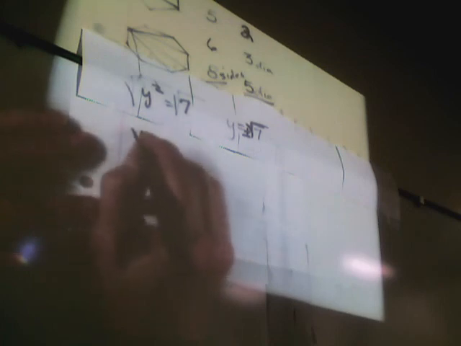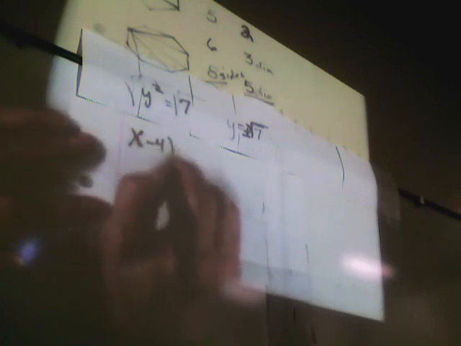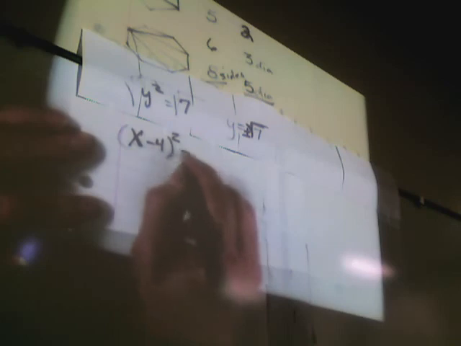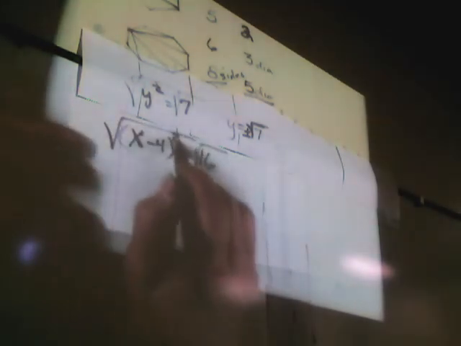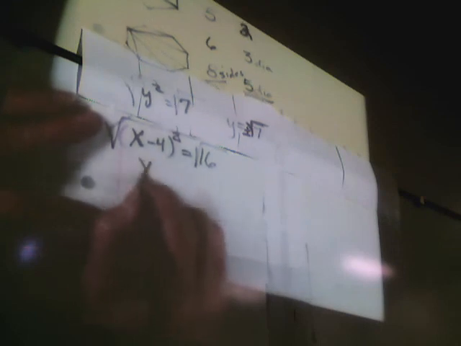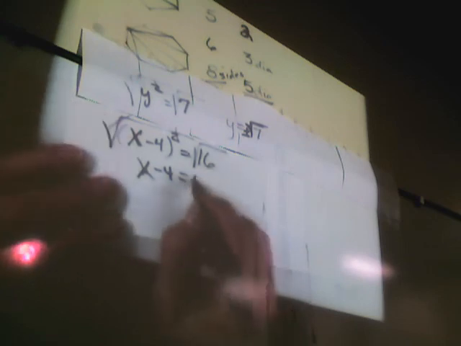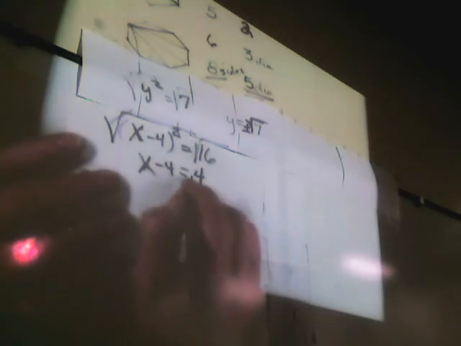Okay, let's do this next one here. It'll come out, instead of a square root, it'll have numbers. X minus 4 squared equals 16. If you do the square root of both sides, it gets rid of the square, you have x minus 4 equals what? Square root of 16 is 4. This is plus or minus 4. Okay?